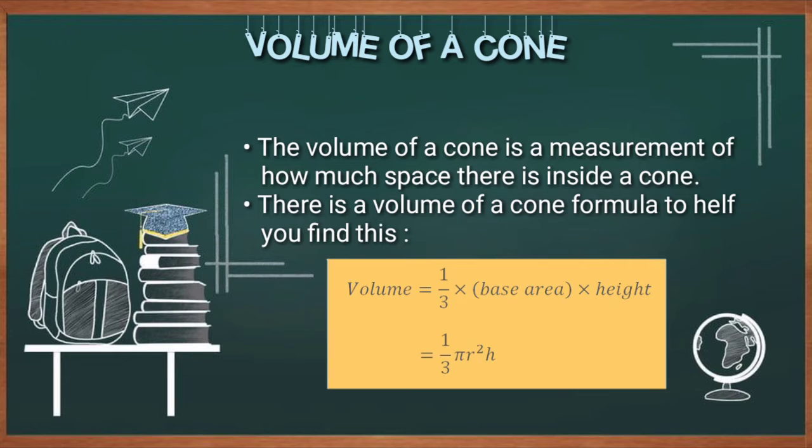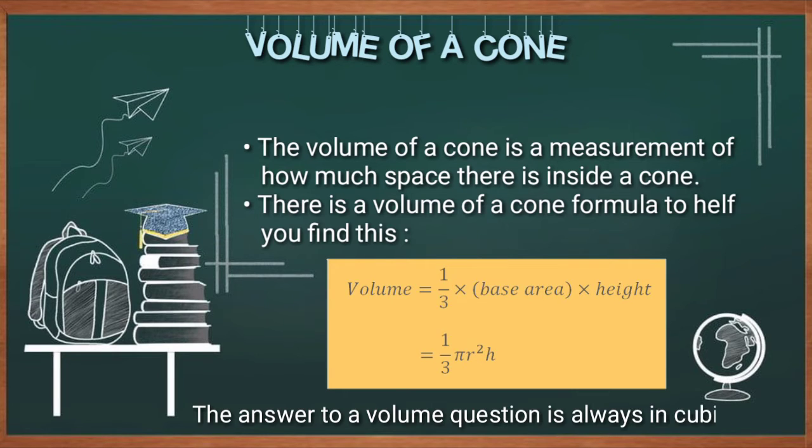This is the same as 3.14 times radius squared times height divided by 3. The answer to a volume question is always in cubic units. Okay, now let's look at an example.